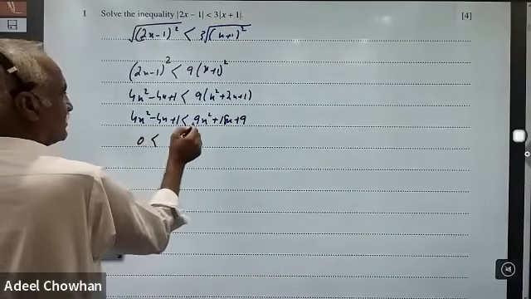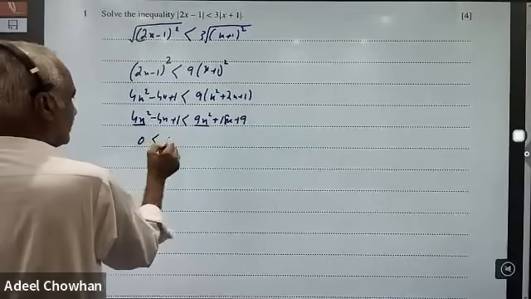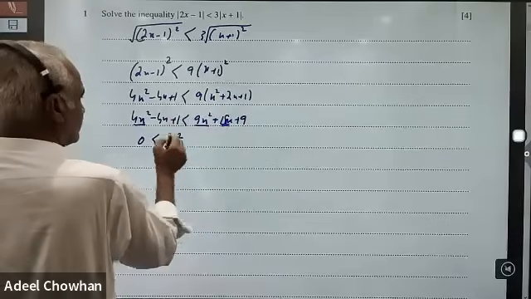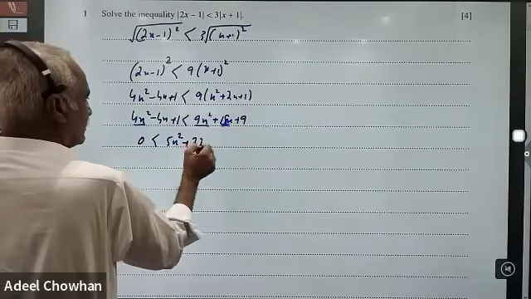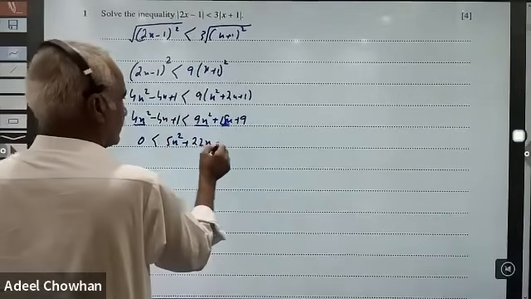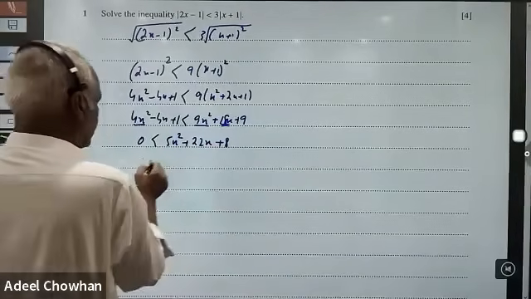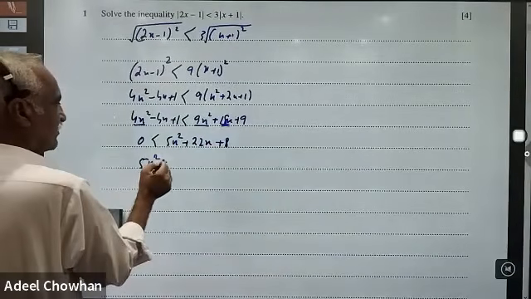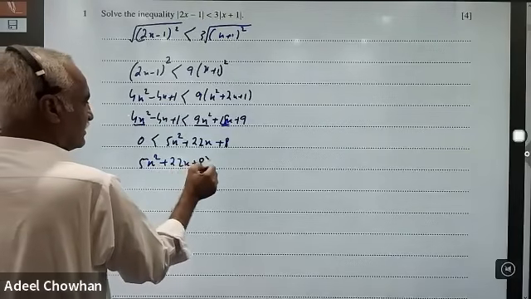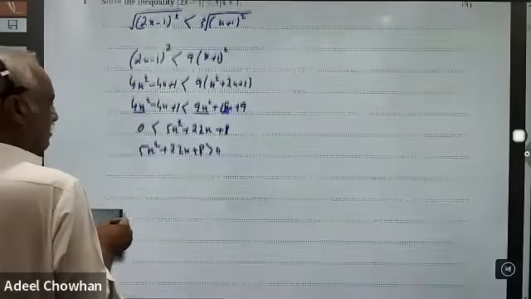Shifting it to one side, 9x square minus 4x square is 5x square, plus 18x plus 4x is 22x, and 9 minus 1 is plus 8. So it should be 5x square plus 22x plus 8 is greater than 0.